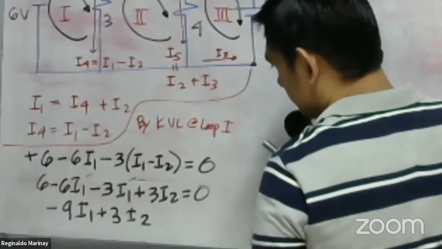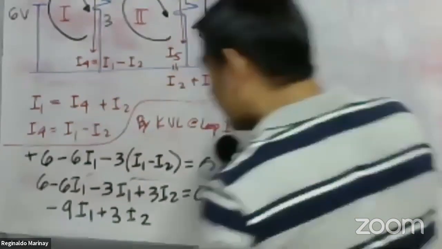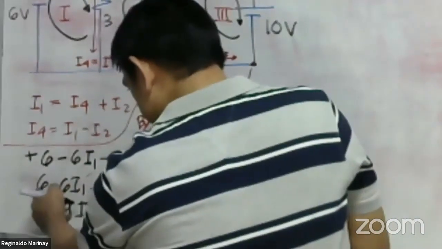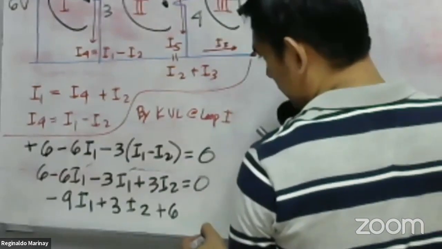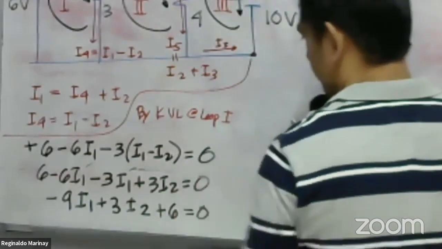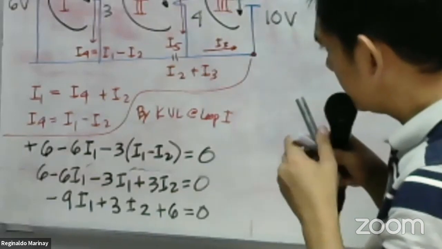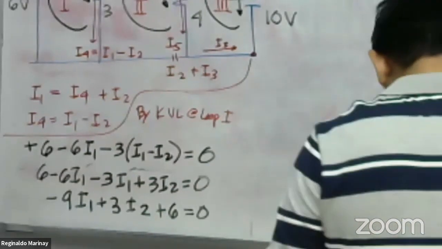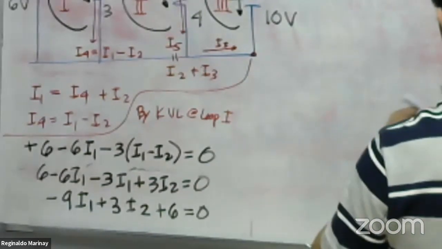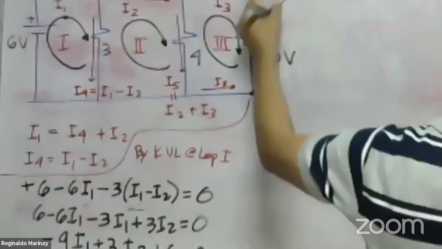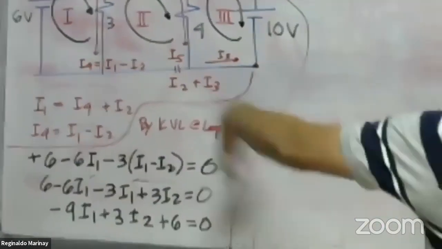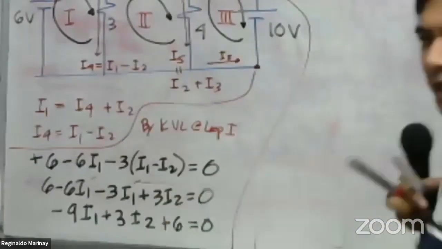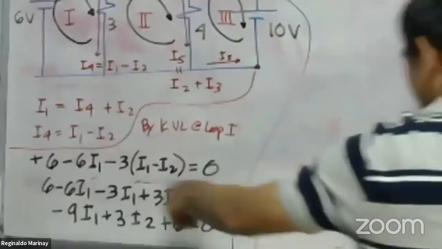Then we still have our 6 volts here, so there is positive 6 volts here. So that is equal to 0. Now let us transpose the negative I1. I don't want to see any negative sign. Okay? I will make it positive.